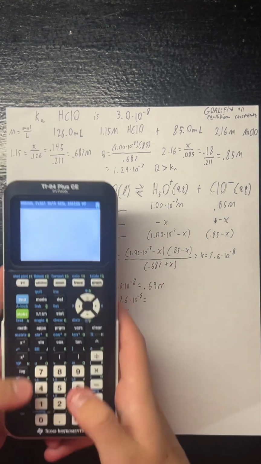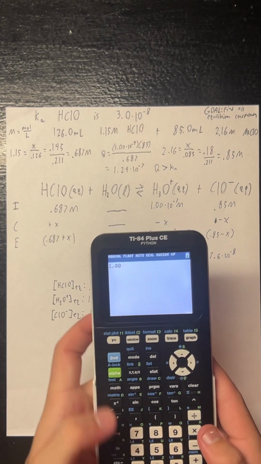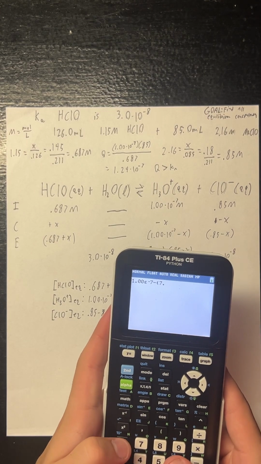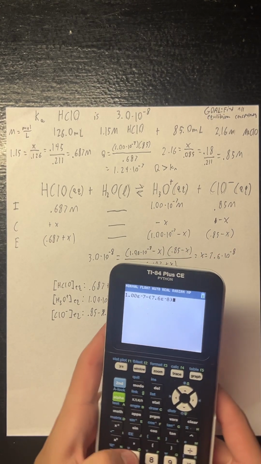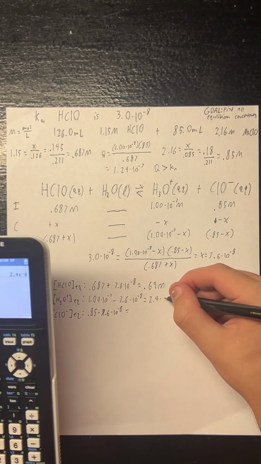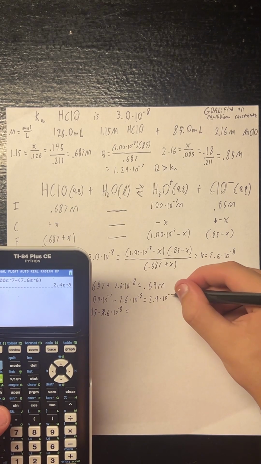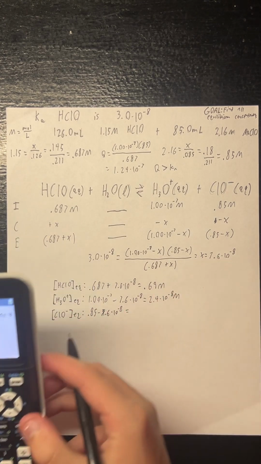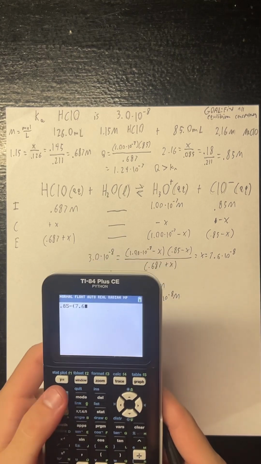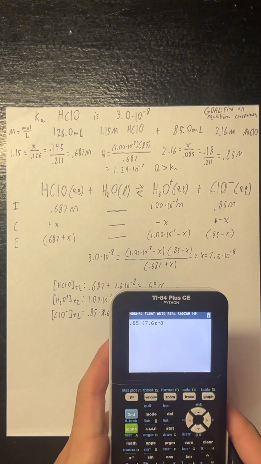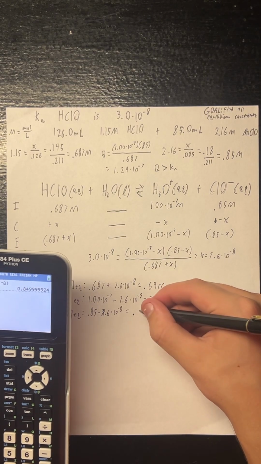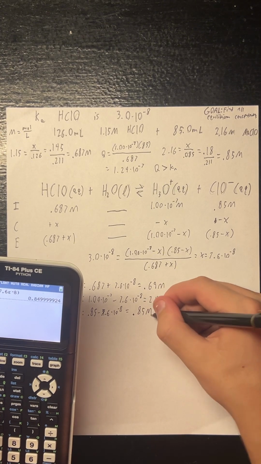Then the next one: 1.00 times 10 to the negative 7 minus 7.6 times 10 to the negative 8 becomes 2.4 times 10 to the negative 8 molar. And the last one is 0.85 minus 7.6 times 10 to the negative 8, which is 0.85 again, molar.